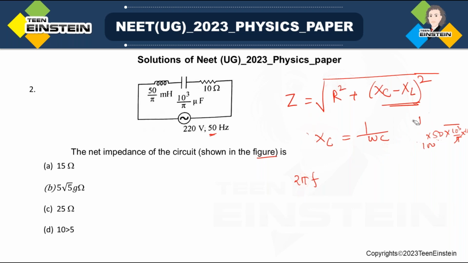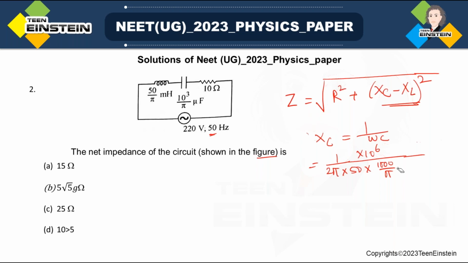C is in microfarad. I need a larger space. See, this is 1 by 2 pi, f is 50 hertz, C is 1000 by pi into 10^-6, so I can write here 10^6 over.